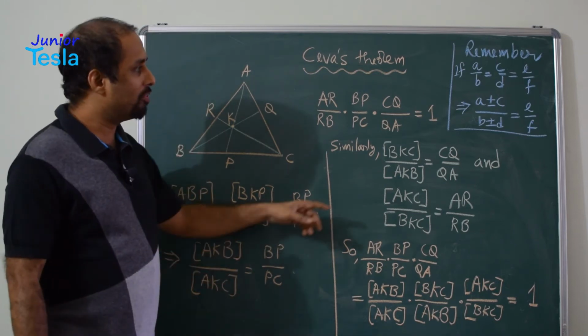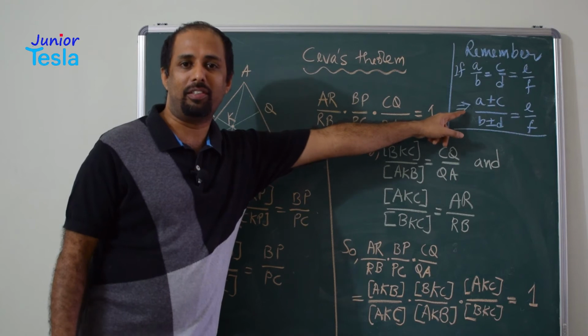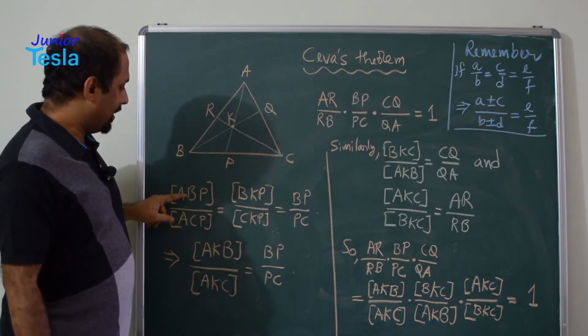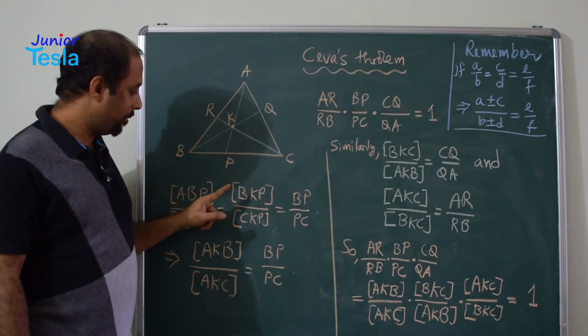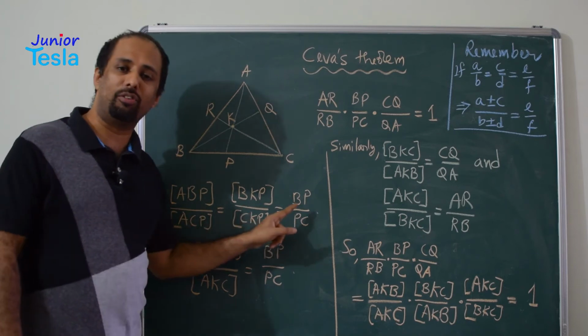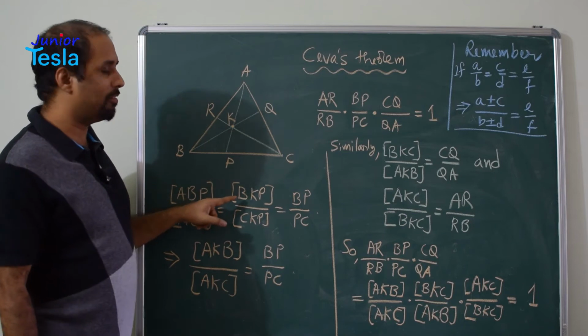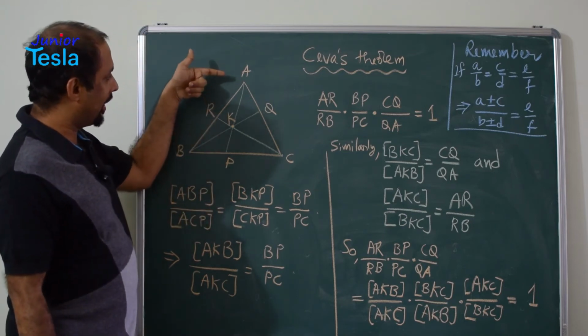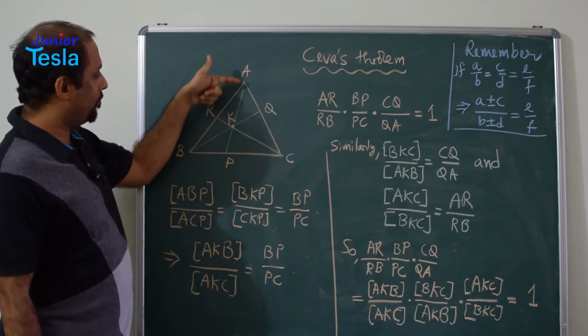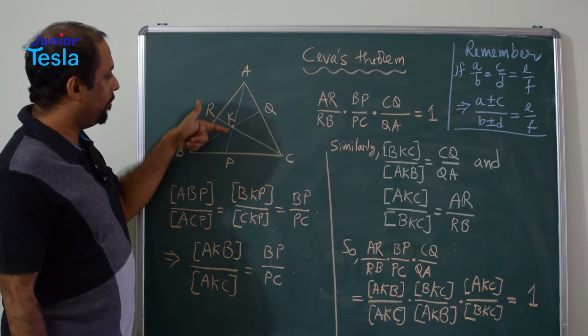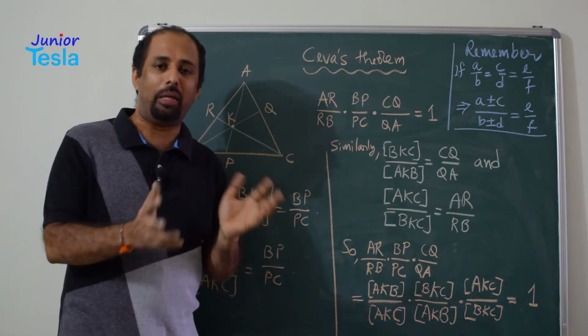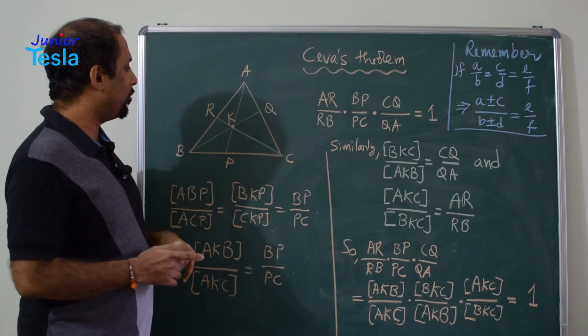Now we are going to use the properties of this ratio. So what does it say? This minus this divided by this minus this is also equal to BP by PC. Now if I take ABP minus BKP, just see the triangle ABP, this bigger triangle, minus BKP. If I have removed the BKP portion, then what is remaining is only AKB.